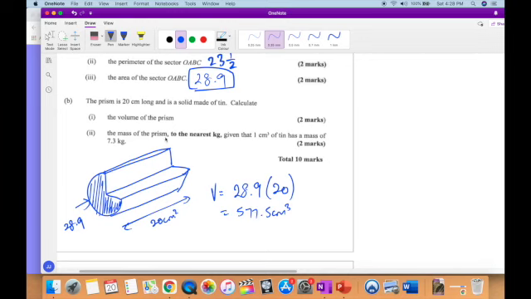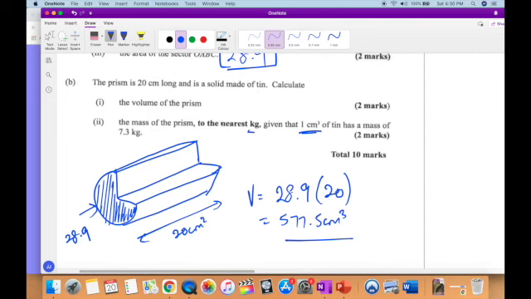The mass of the prism to the nearest kilogram, given that 1 centimeter cubed of tin has a mass of 7.3 kilograms. How are you going to do this? The word here is solid. Made of solid tin, which means that it's not a cylinder that's holding anything. It's not empty.